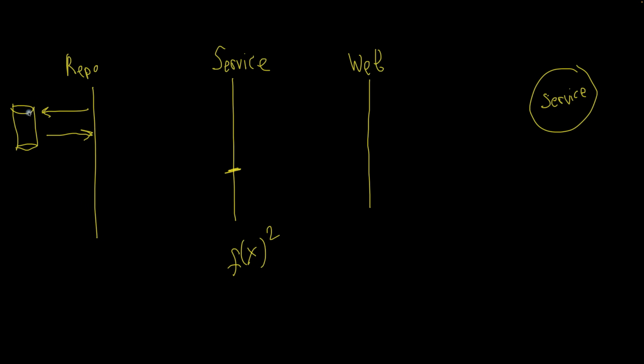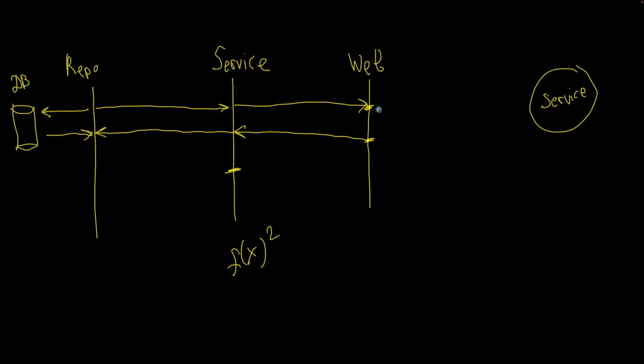Actually this will be a database: Redis, Postgre, MariaDB, and so on. It communicates with the service layer and vice versa, and the service layer communicates with the web layer and vice versa. Here we will implement the controllers and endpoints, and we will expose one endpoint, calculate.